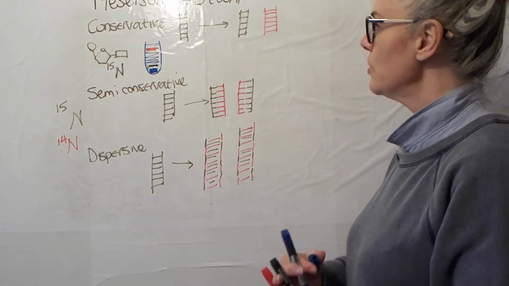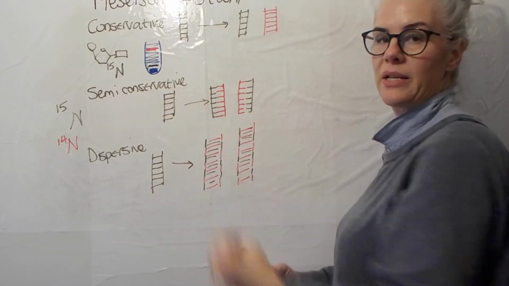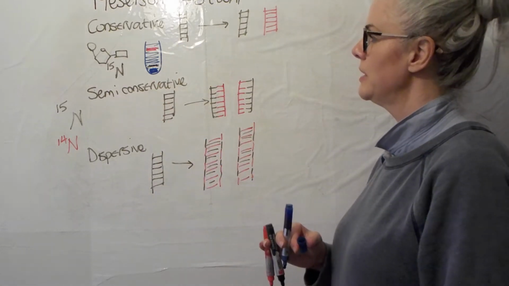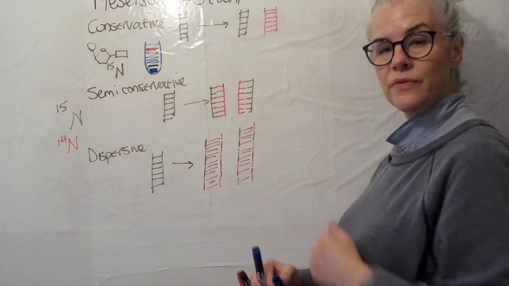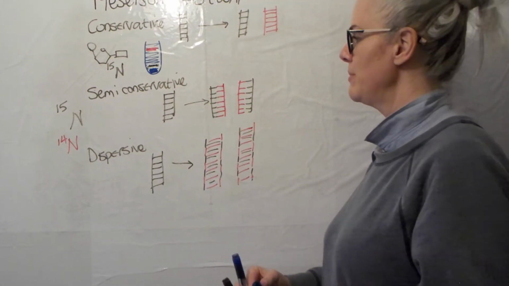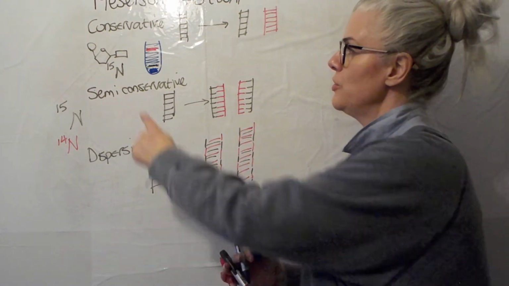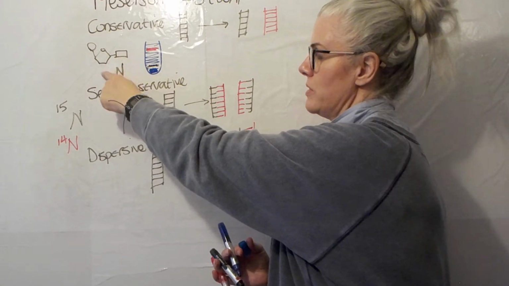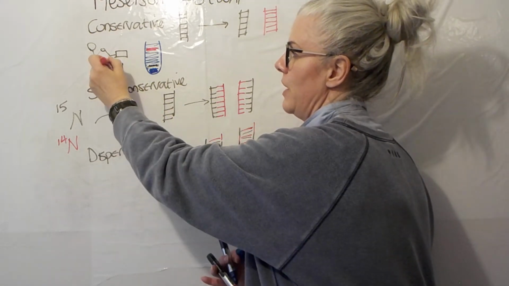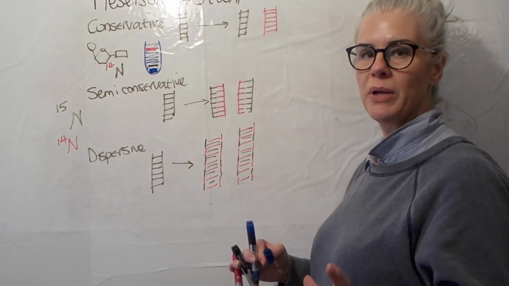Okay, so what they did is they took the bacteria, let them make some DNA containing this heavy DNA. And then they took those bacteria out of that medium and put them into medium where any new DNA they made would have to be made with N14 nucleotides. So instead of these ones, you'd have the lighter ones. So all new DNA would be light.